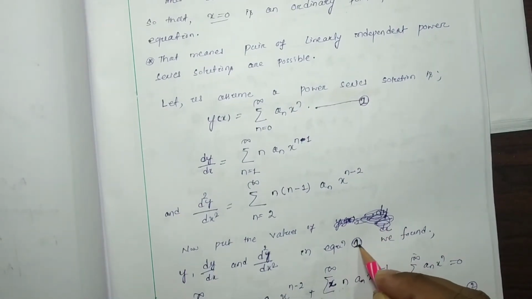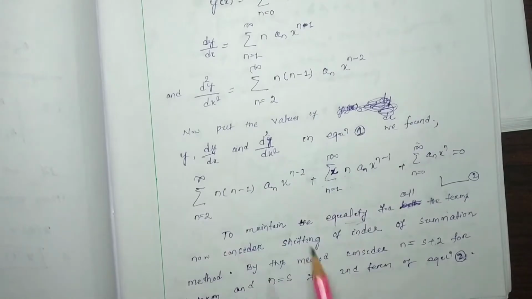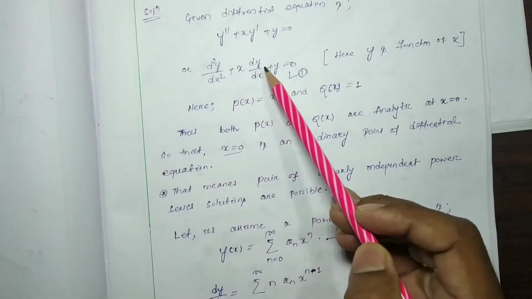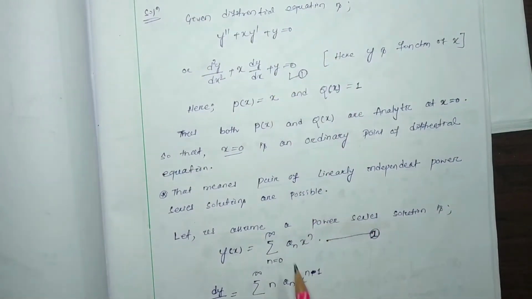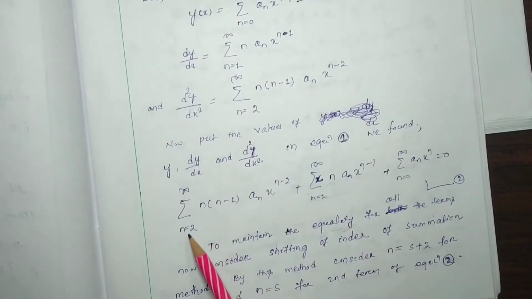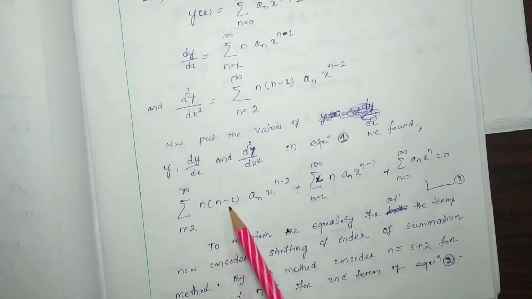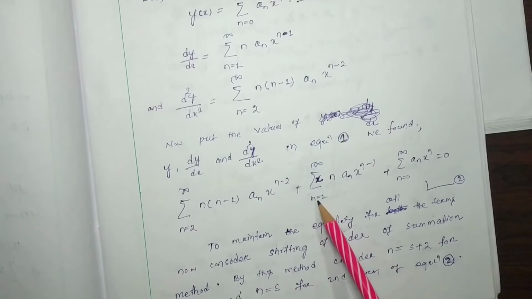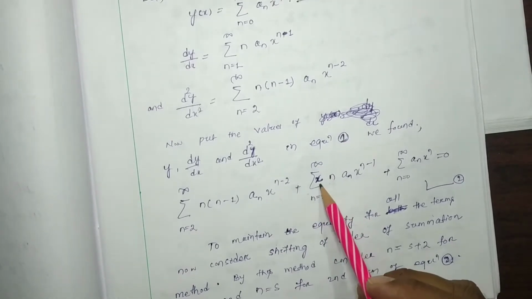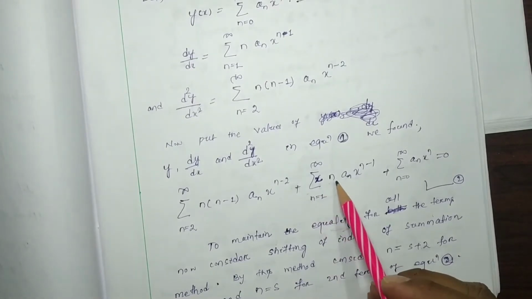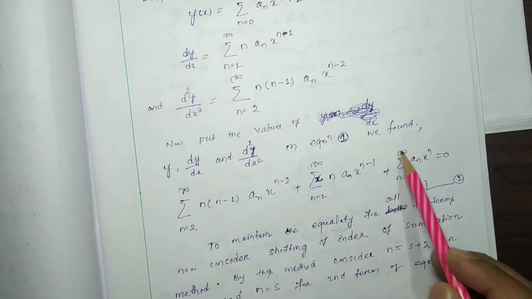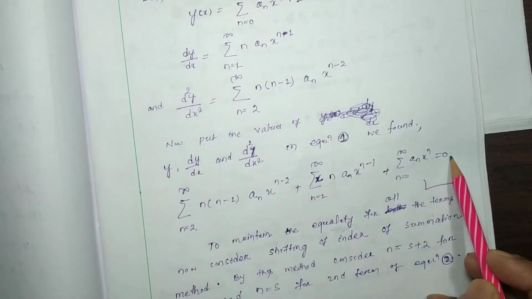In equation number 1, d square y by dx square, dy by dx and y become: the sum for n equal to 2 to infinity of n into n minus 1 a_n x to the power n minus 2, plus the sum for n equal to 1 to infinity of x into n a_n x to the power n minus 1, plus the sum for n equal to 0 to infinity of a_n x to the power n, equal to 0.